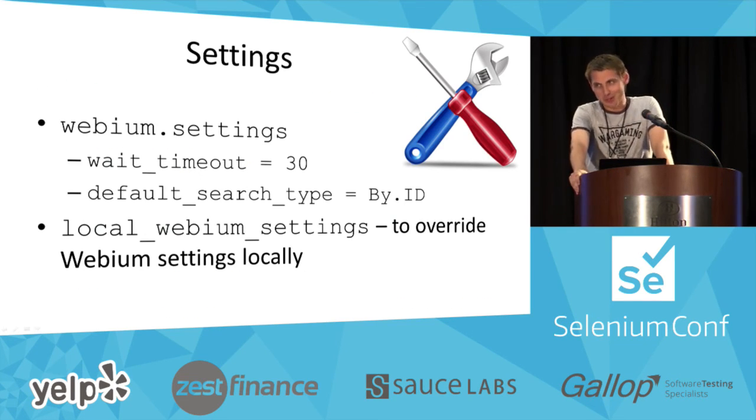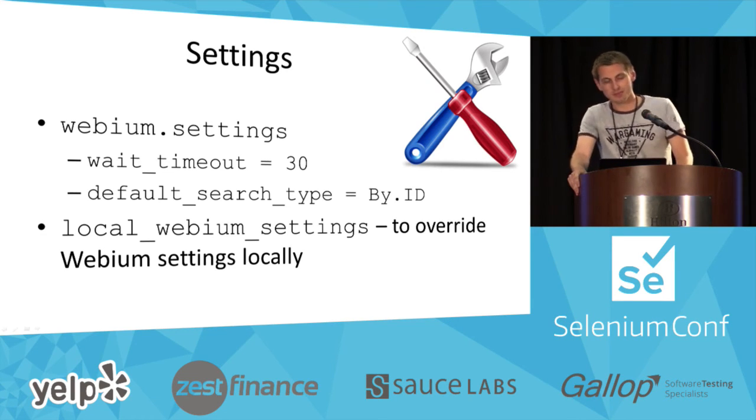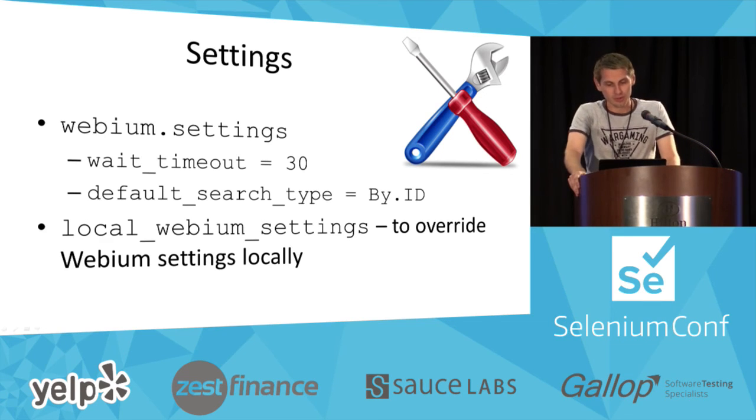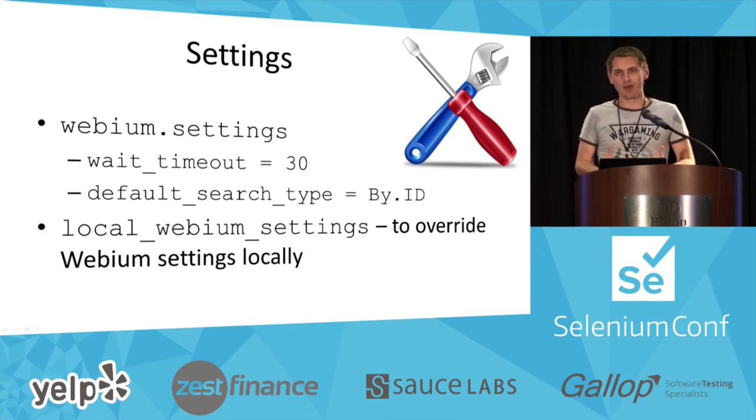And eventually, settings. So you can tune Webium. Key parameters are stored in the Webium.settings package. You can change the default timeout for the wait function, for example. Also, there is an ability to specify the default locator type. For example, you decide to use only CSS locators on your project.